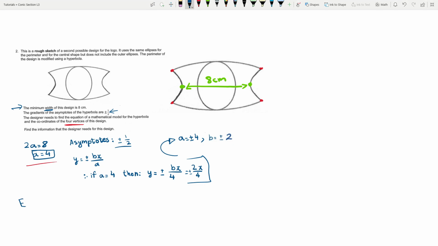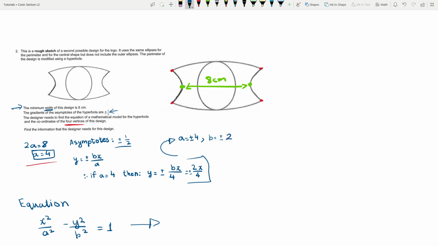The equation of the hyperbola is x squared over a squared minus y squared over b squared equals 1. Very similar to the ellipse, but only that there's this minus sign in the formula instead of a plus.